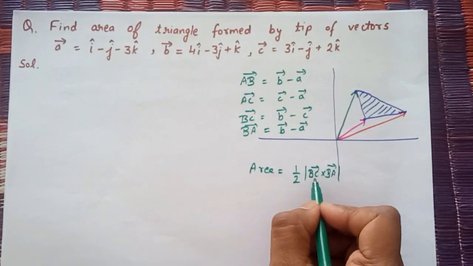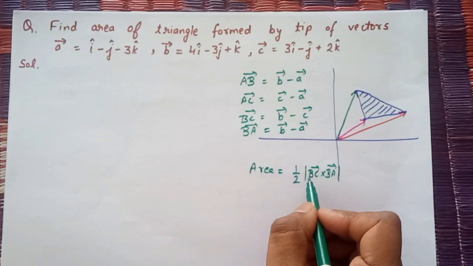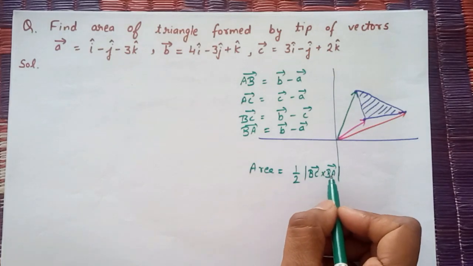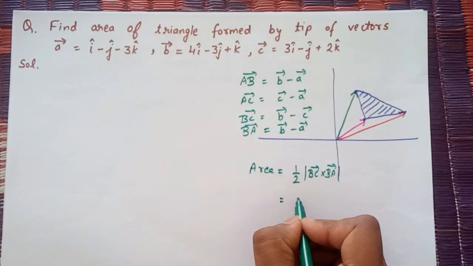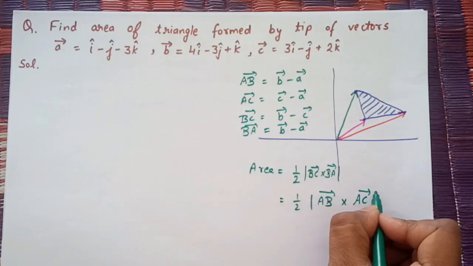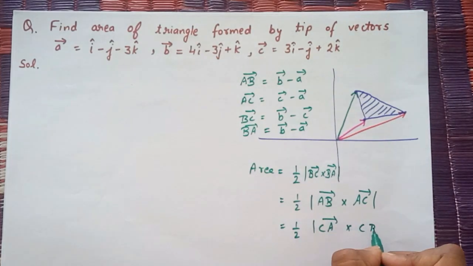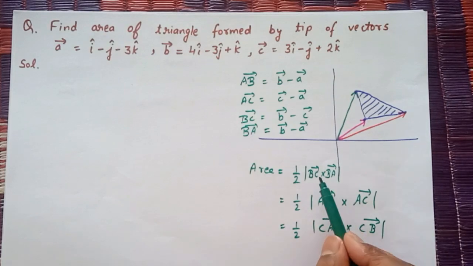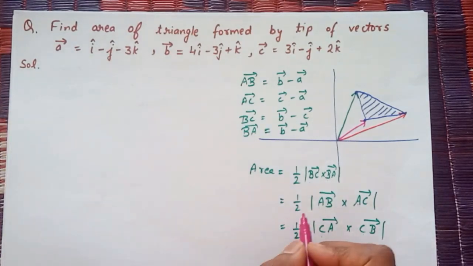Since the magnitudes of BC cross BA and BA cross BC are the same, the area of a triangle will be BC cross BA, taking its magnitude and multiplying it by half, or it can also be equal to AB cross AC, or CA cross CB. What we have to remember is that in each case the starting point is same. Here the starting point is B, here A, here C. So for this particular question, I am taking the starting point as B.